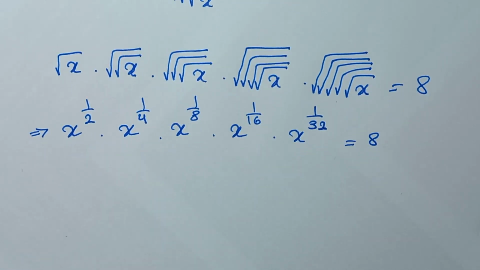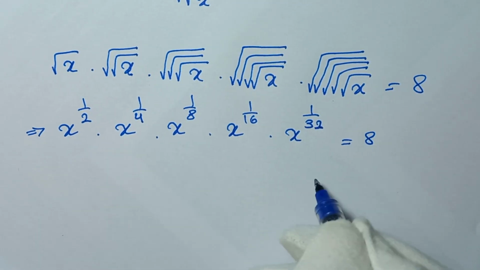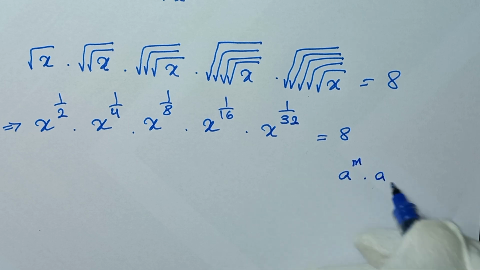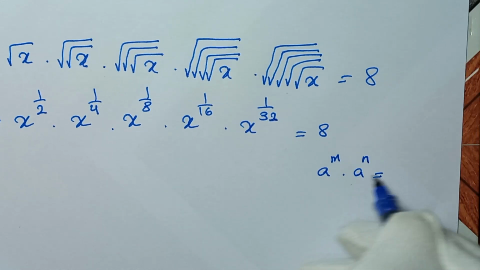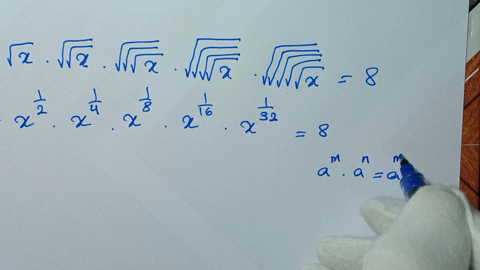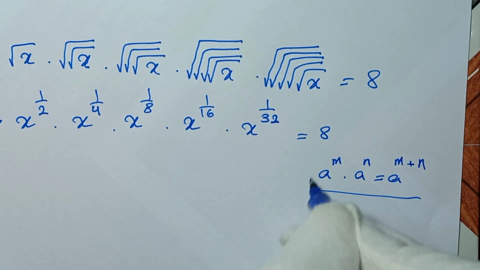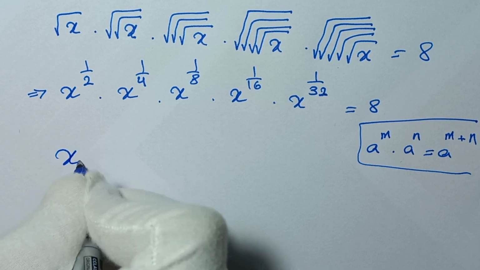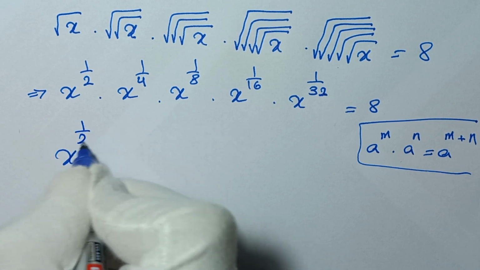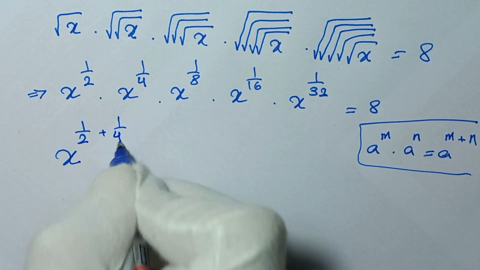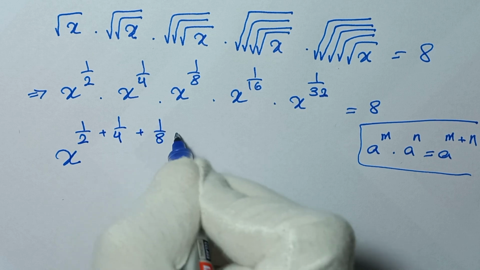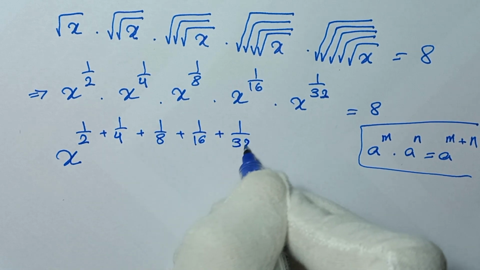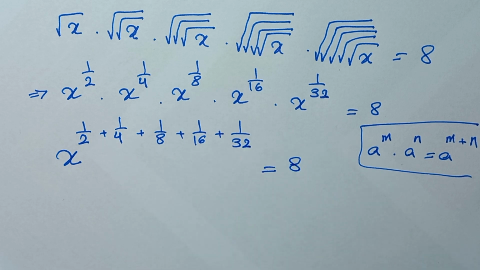And as you know, if we have a to the power of m times a to the power of n, we can write this as a to the power of m plus n. So in here, we can write this as x to the power of 1 over 2 plus 1 over 4 plus 1 over 8 plus 1 over 16 plus 1 over 32 is equal to 8.